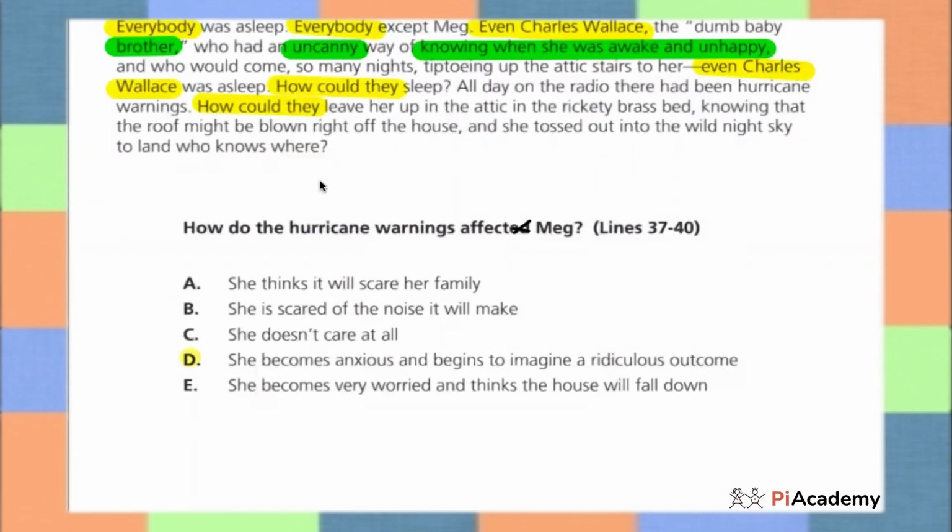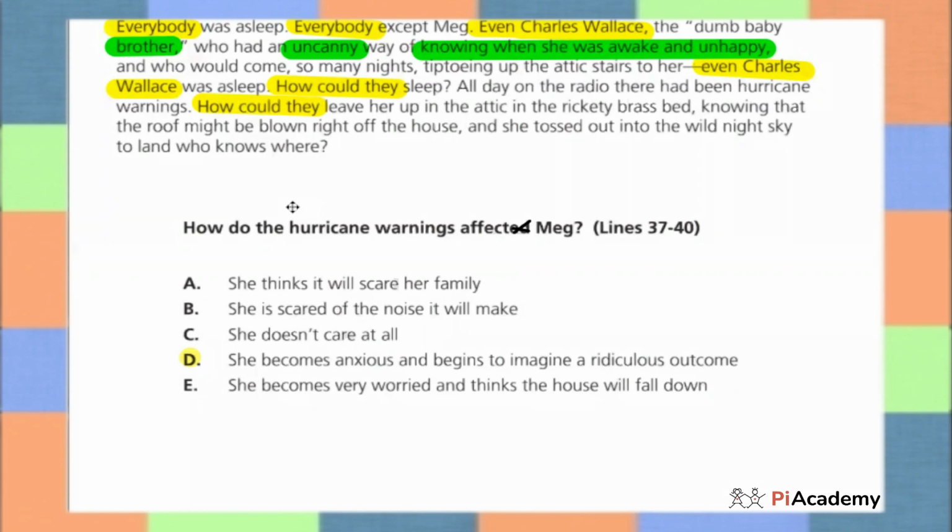You would be correct, yes. So she's so anxious. We know that she's anxious because we've got the repetition here of everybody, even Charles Wallace, and Charles Wallace again. How could they sleep? We've got rhetorical questions here as well. So we've got an inner turmoil here. It's an inner monologue going on. We're inside her mind. And so we're inferring that she's really anxious, first of all.